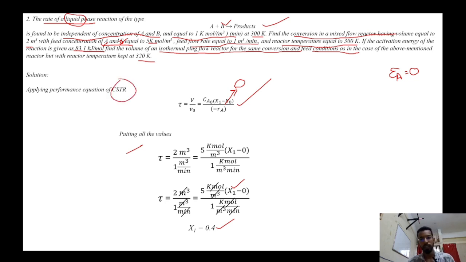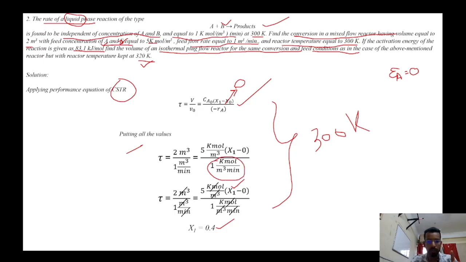Okay, now we have solved everything at 300 Kelvin, right? 300 Kelvin. But the question is asking what will be the volume of the plug flow reactor at 320 Kelvin. That means the rate constant, this value, because the rate constant is a function of temperature only. At 300 Kelvin, the rate constant is 1.